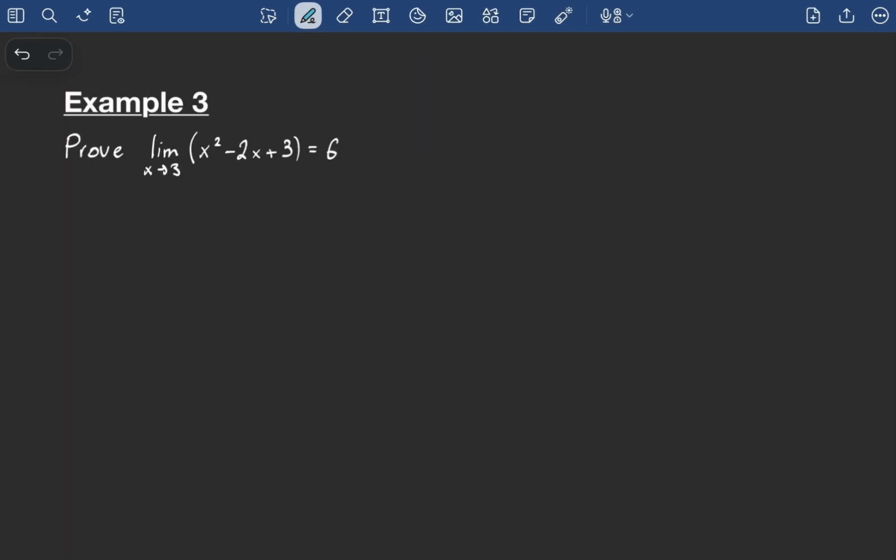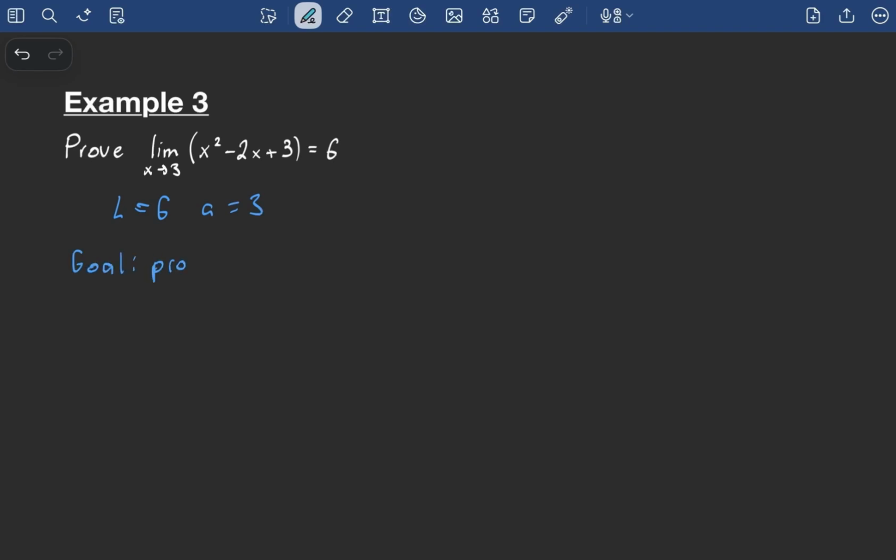Right, now let's take a look at our harder example. Now you know the drill for the beginning. We have to figure out what our L and what our a is. In this case, our L is 6 and a is equal to 3. Now let's write down our goal. Same as usual.